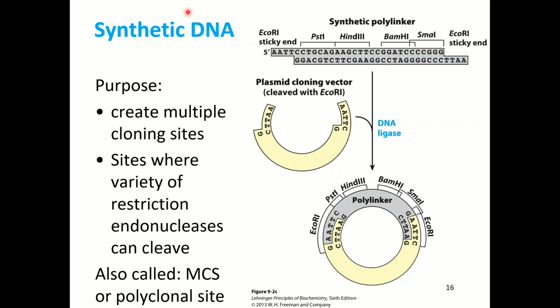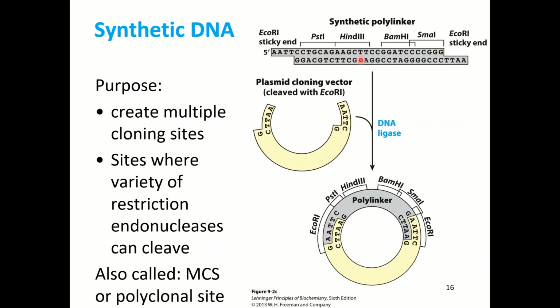You can also use synthetic DNA in these vectors, and a really good use of this synthetic DNA, or I should say, a part of these plasmids that's made from synthetic DNA, is typically the multiple cloning site.